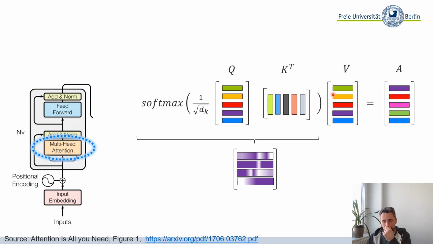This mixing then creates the output of the attention, which in the multi-headed attention way is concatenated and projected to the output dimensionality of 512. And this is done a couple of times, 6 or so.